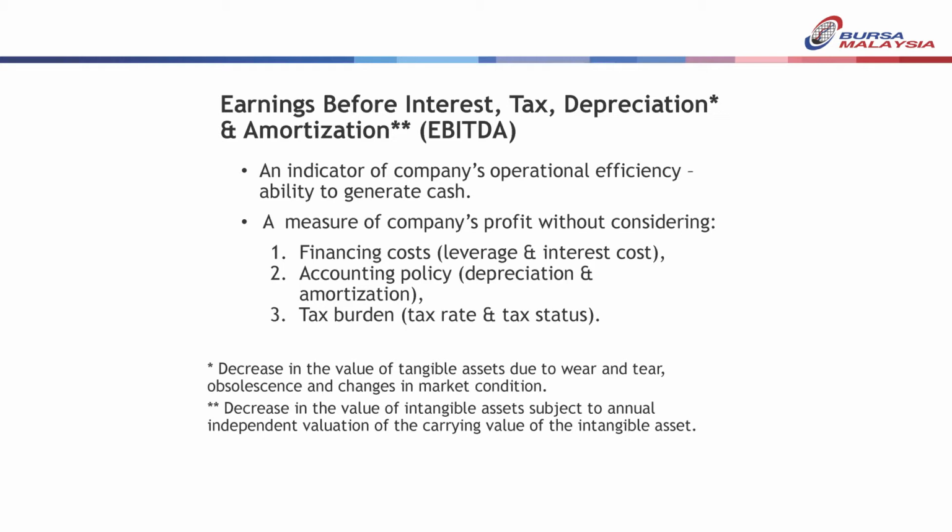Accounting policy is taken out, tax burden and tax rate are taken out. If you look at this number, EBITDA, it stands for earnings before interest, taxes, depreciation, and amortization. So that's why it's called EBITDA.